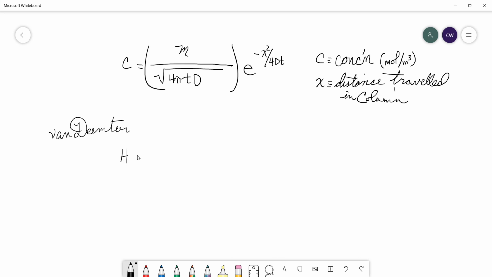And that says that the height of a theoretical plate in the column is going to be equal to a function of the various path lengths in the column plus the longitudinal diffusion coefficient divided by the flow rate plus the two components of concentration change, which is what relates back to Fick's law. Or I should say the mass transfer. These are mass transfer.